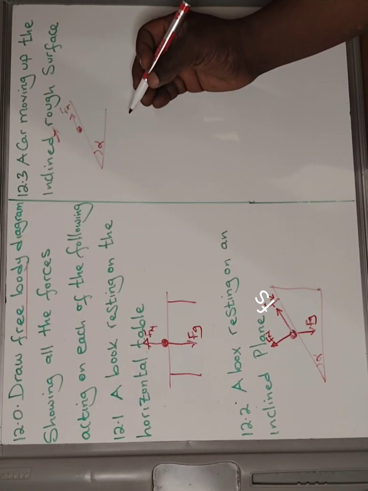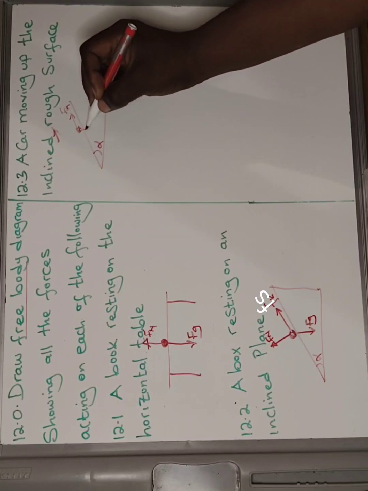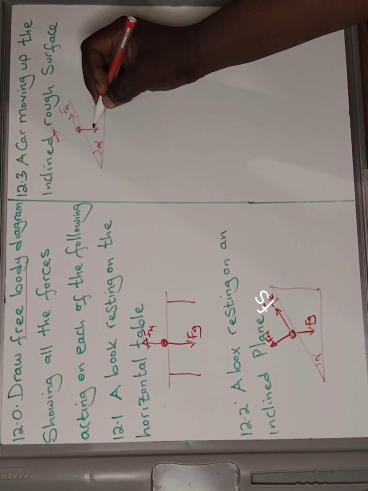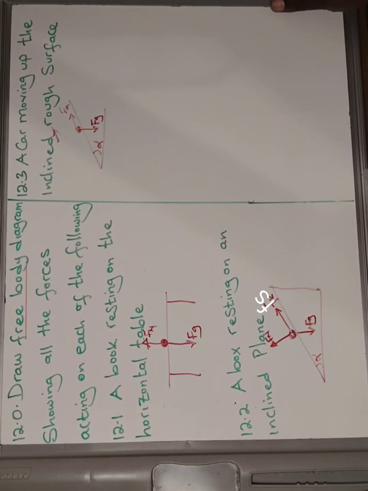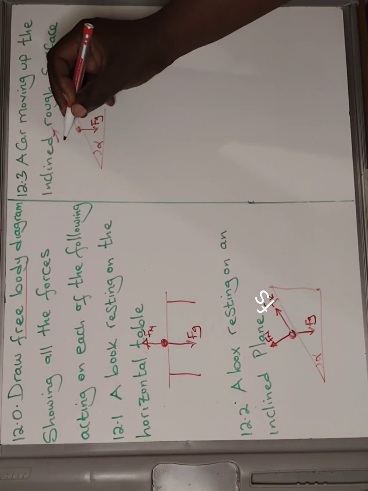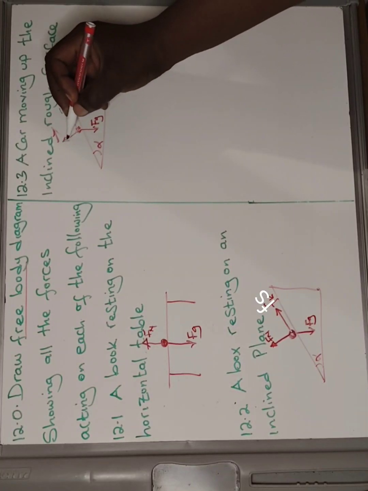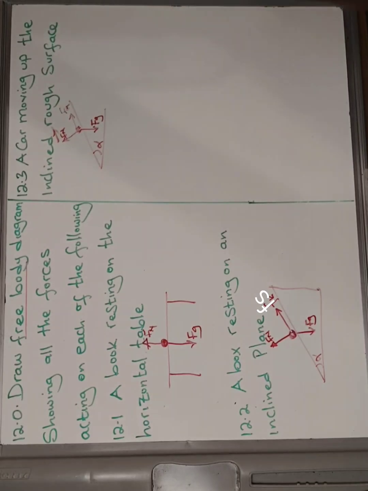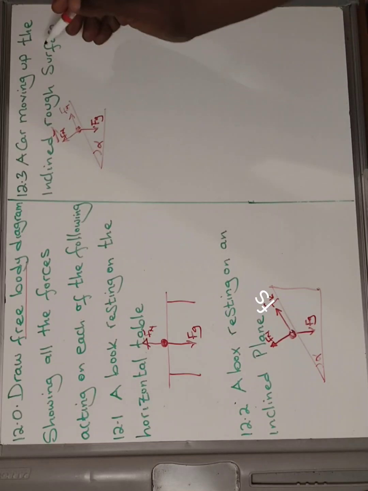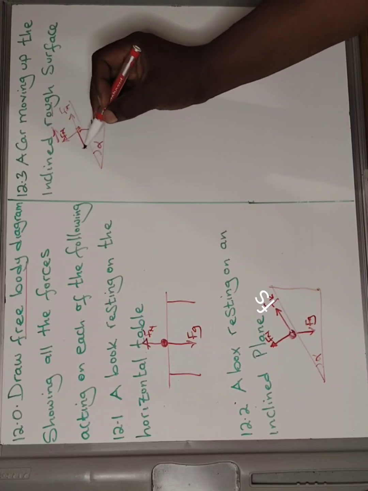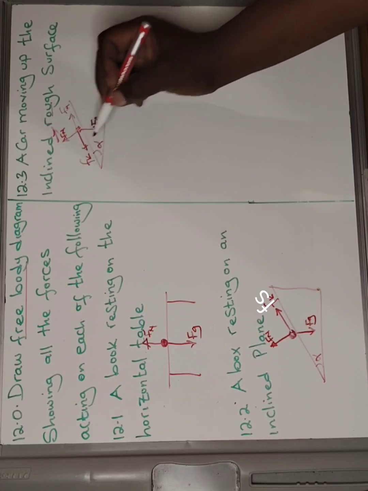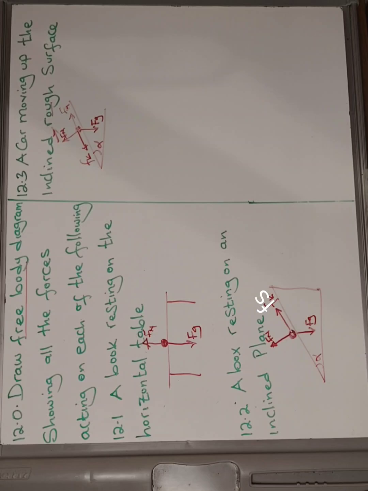Then what else do we know? We know that this car is sitting, there's an obvious force which is acting vertically downwards, which is the gravitational force. And because of it sitting on the surface, there's a normal force there. Remember, it must meet the surface at 90. Then we say the surface is rough, so we have our friction force there. So these are the forces which are acting on that car.